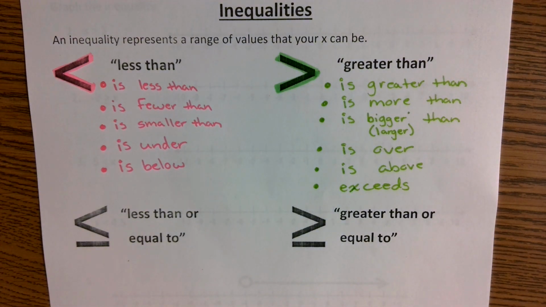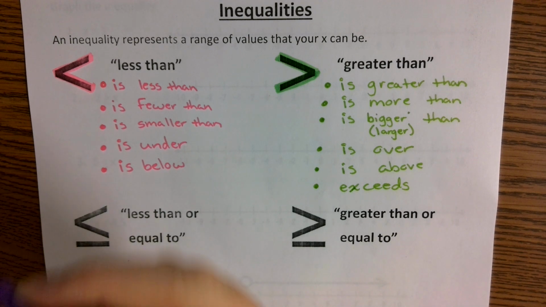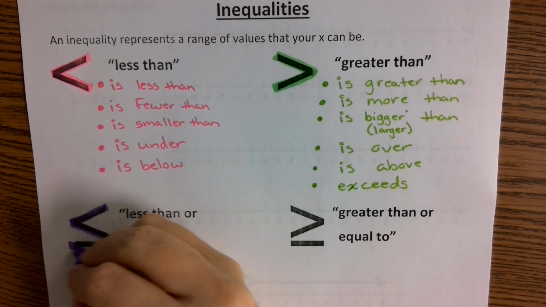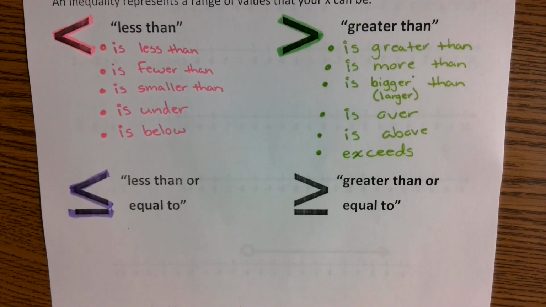Now, a lot of people would think, oh, well, if it's a less than, then the phrases for less than or equal to would be the same. But they're not. Because having that ability to be equal to as well changes the terminology completely. Being less than means it has to start at a value but not equal that value. So if I'm saying it's less than 50 pounds, 50 pounds won't work.